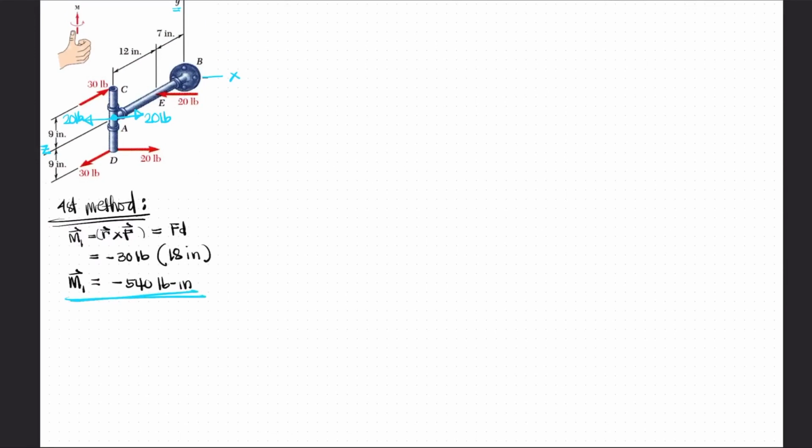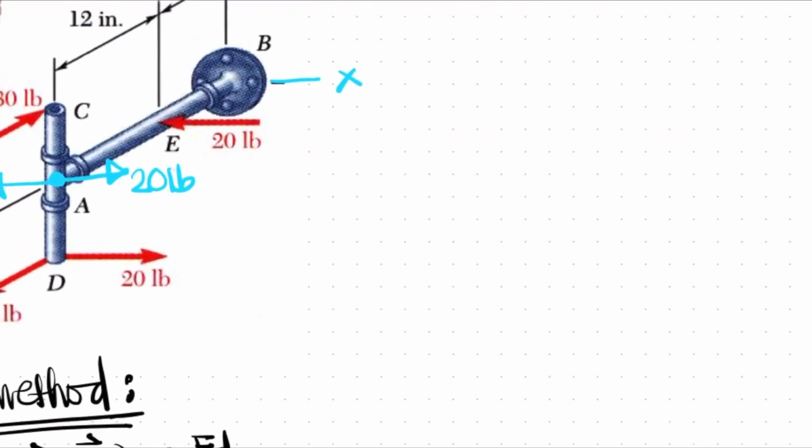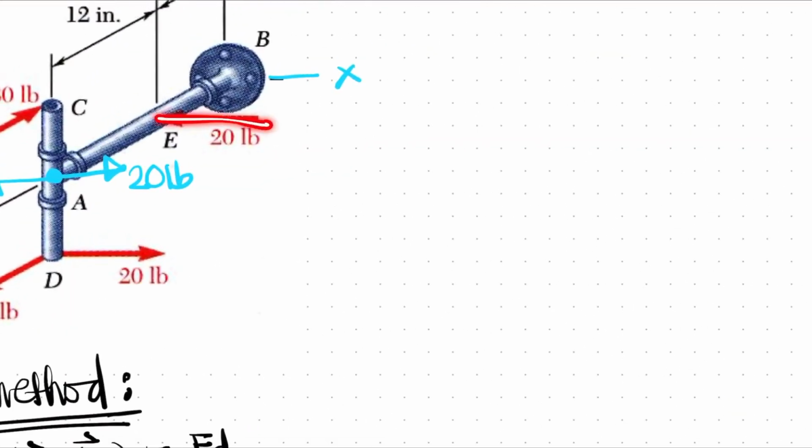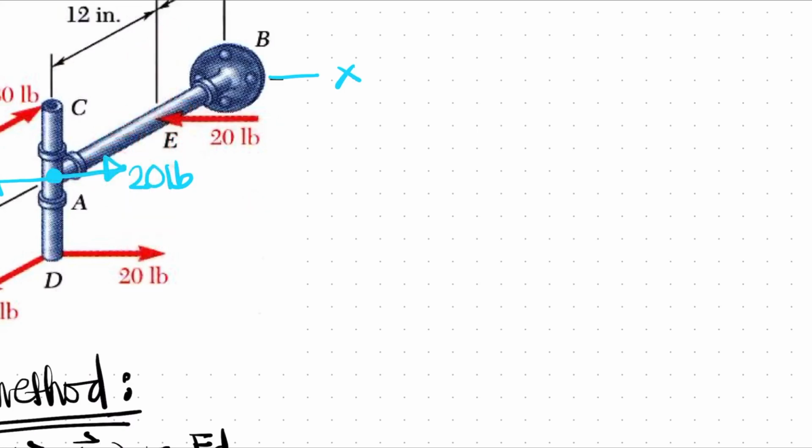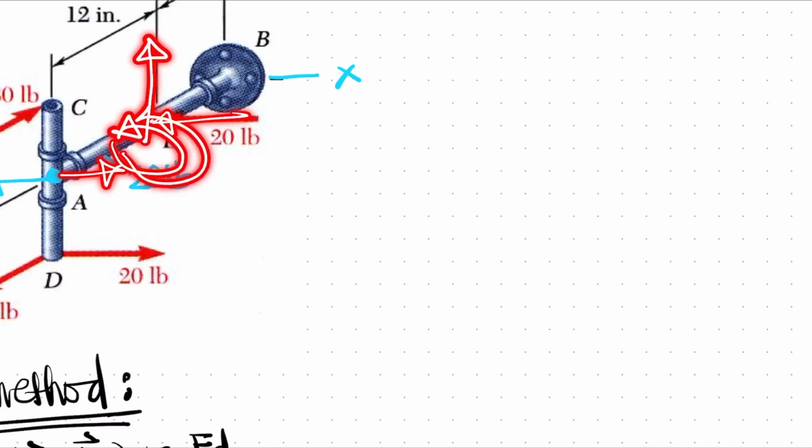Okay, M2. Force times perpendicular distance. It will tend to rotate the rigid body in this direction about the y-axis. Use your right hand. Your thumb is pointing upwards, and your fingers curl in that direction. Upwards means positive.